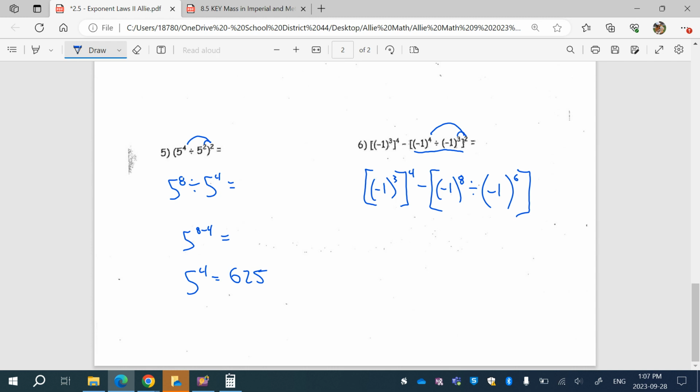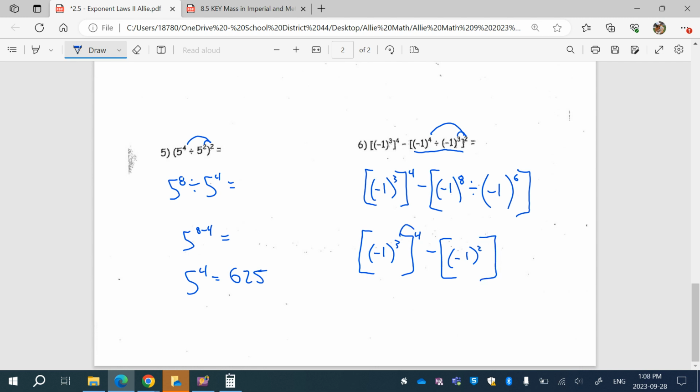Then we got the same base here, negative 1 and negative 1, and it's being divided, so we can minus our exponents. Let me rewrite this. Negative 1 to the power of 3, all to the power of 4, subtract 8 minus 6 is going to be, let's do our big bracket, negative 1 to the power of 2.